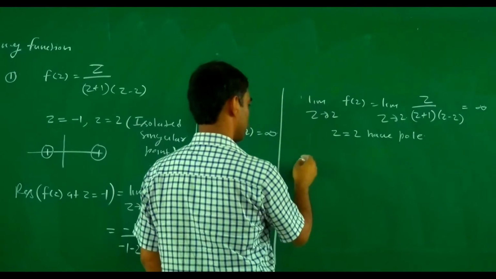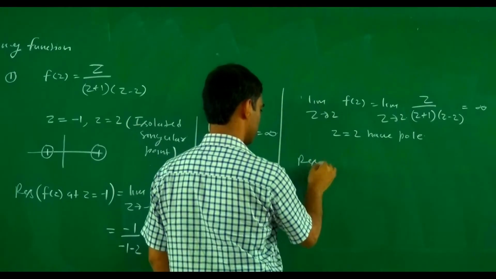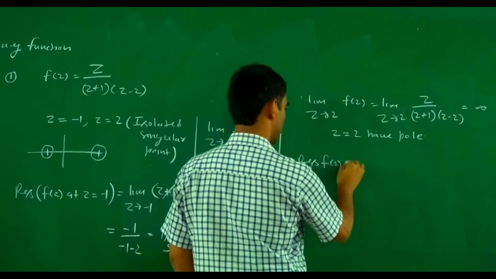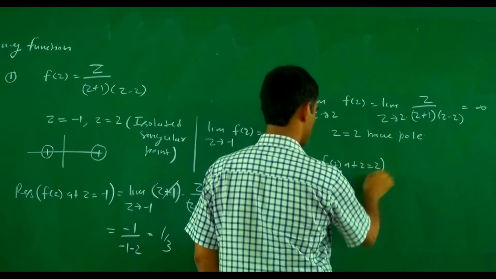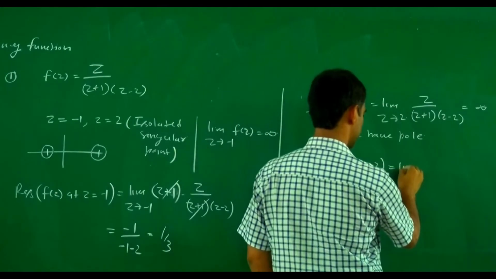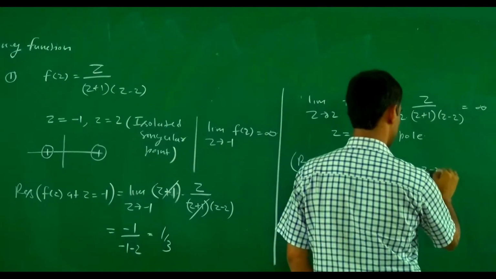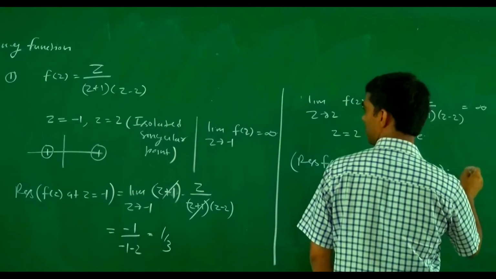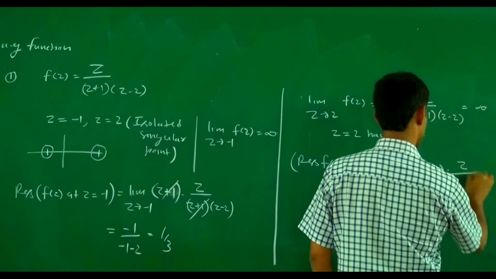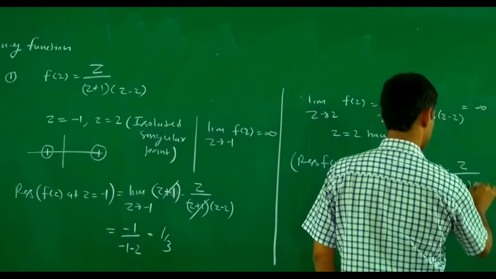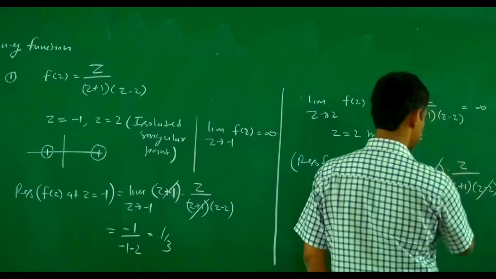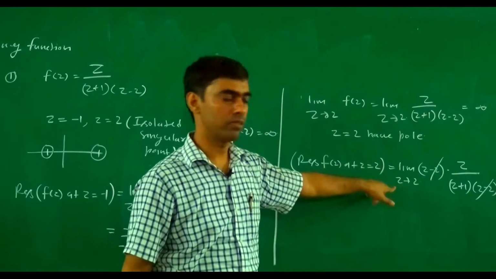Now how do we find the residue? The residue of f(z) at z equal 2 is the limit as z tends to 2 of (z minus 2) f(z), which is z upon (z plus 1)(z minus 2). We cancel this out and put z equal 2.